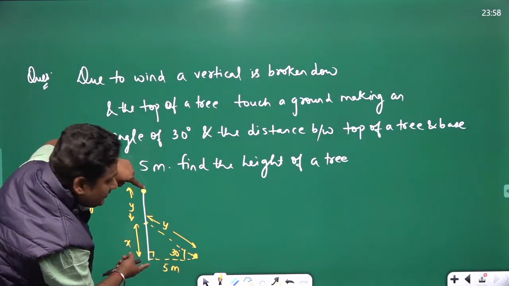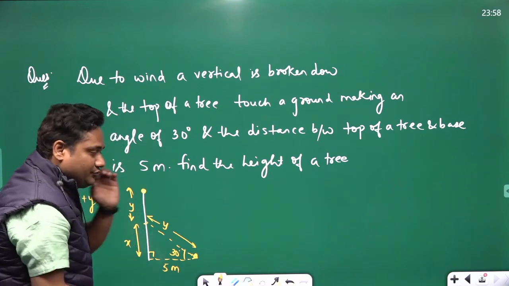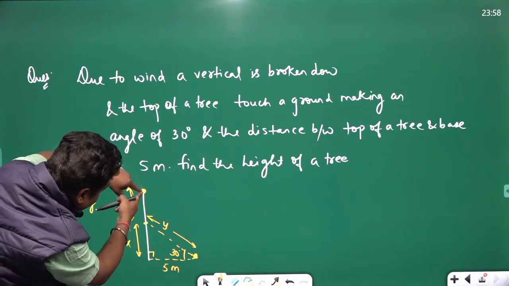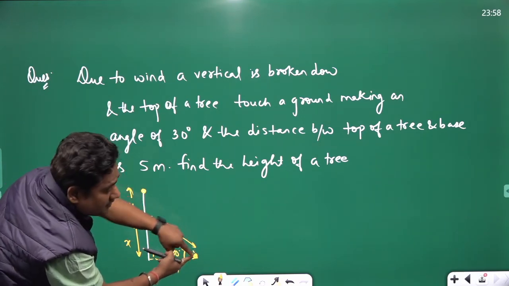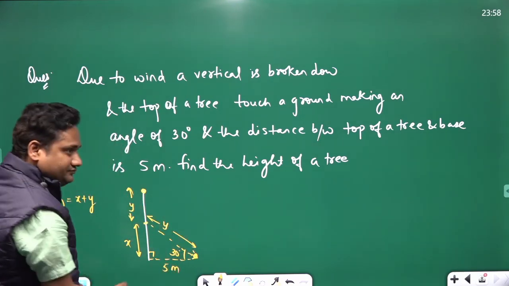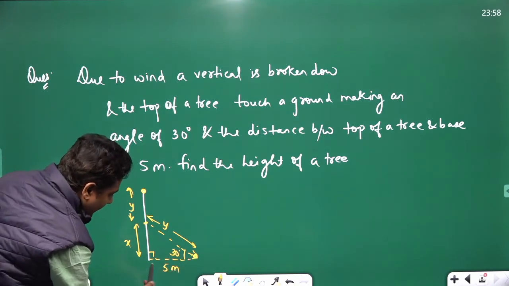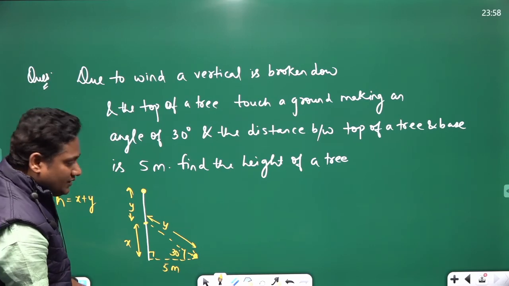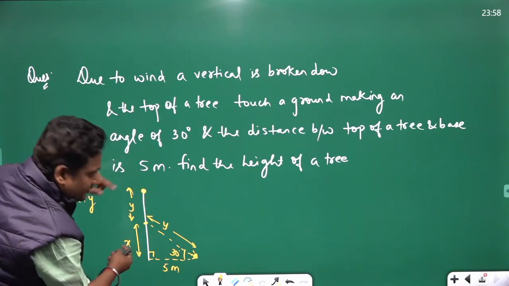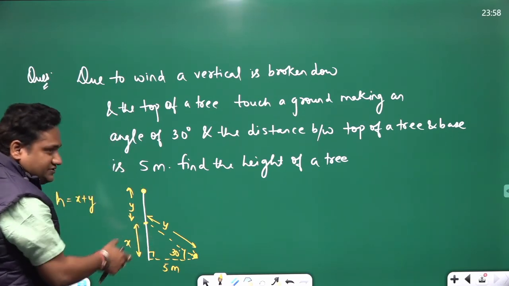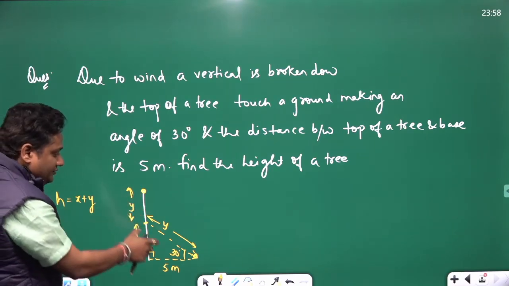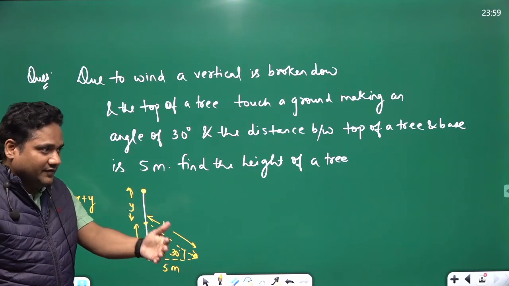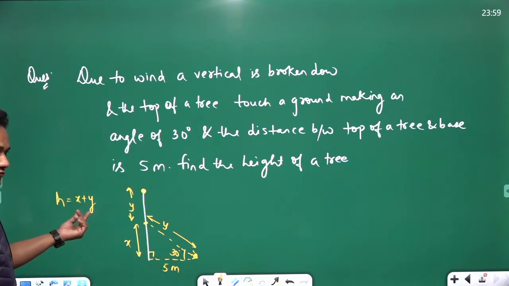Due to wind, it is broken down here, and the top of the tree is touching the ground, making an angle of 30 degree. The top of the tree and the base of the tree have a distance of 5 meter. The question is asking what is the total height of the tree. Let us suppose this is x and this is y, so obviously this must be y. So we need to find the values of x and y. After that we will add those values. Correct?